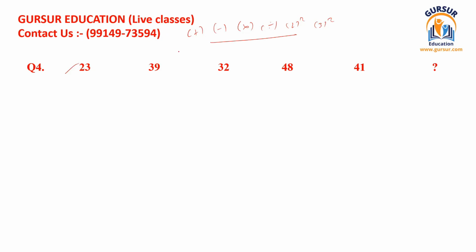You should also know this by now, because we have solved a number of questions in our video lectures as well. The first difference is 16, when we reduce 23 from 39. The second difference is minus 7.